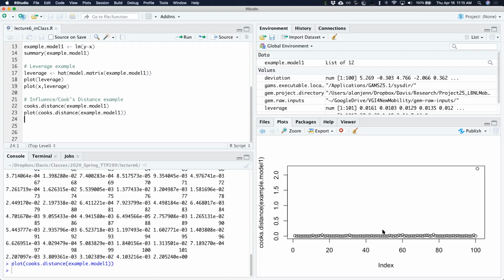The Cook's distance is actually going to depend on the particular circumstances of your model and data. And so this scale is not standardized in any way. You really have to look at the relative differences in the Cook's distance for individual points to be able to identify the outliers.